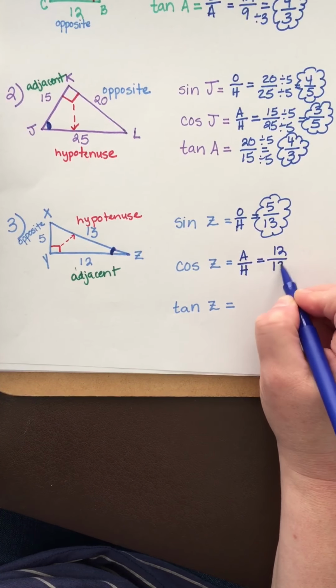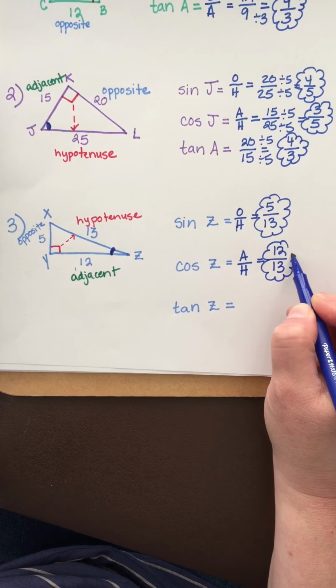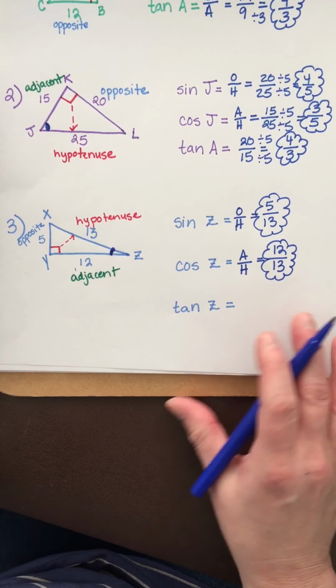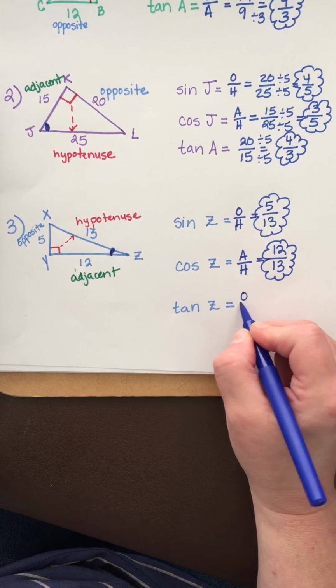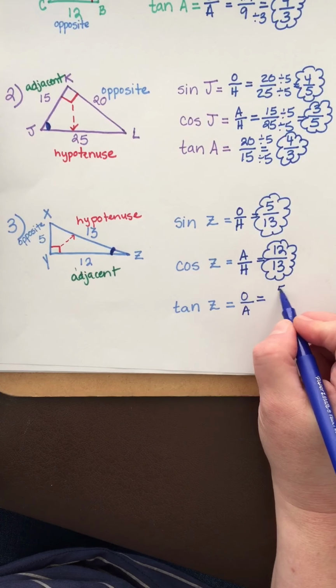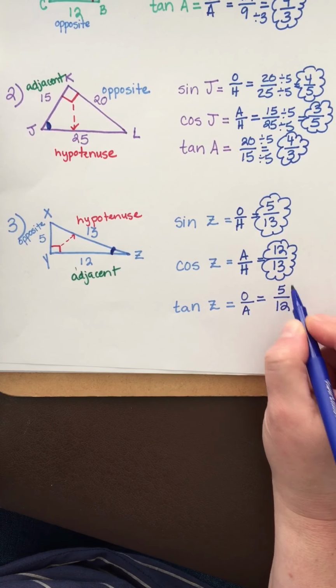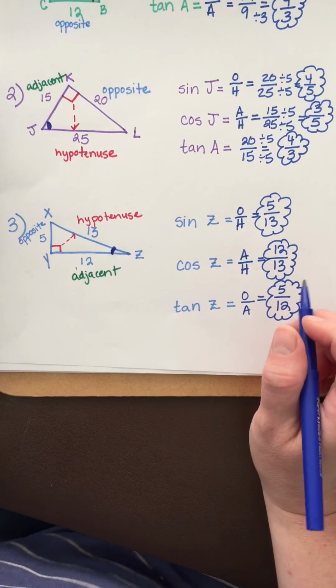The hypotenuse is 13. Again, no need to reduce. I am done. And then tangent of angle Z would be opposite over adjacent. Opposite is 5. Adjacent is 12. That cannot be reduced, so I'm done with that trig ratio. And that's it.